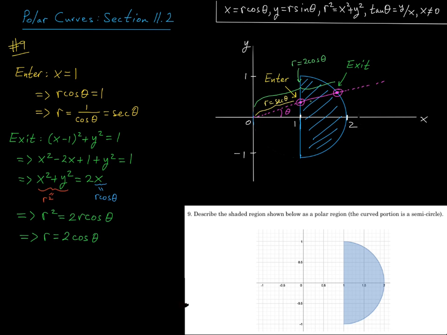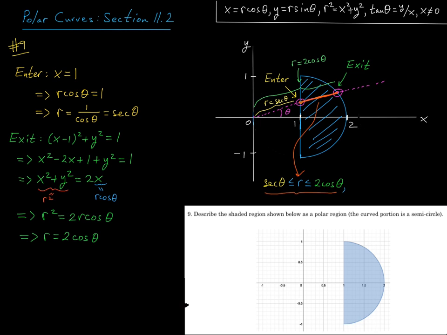Then the set of all points along this ray that are in our blue region are such that the angle is theta, and the r value can be anything from the low end, at our enter point, where r is equal to secant theta, up to the high end at our exit point, where r is equal to 2 cosine theta.